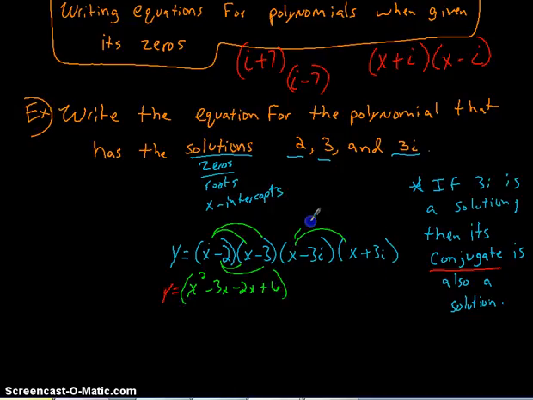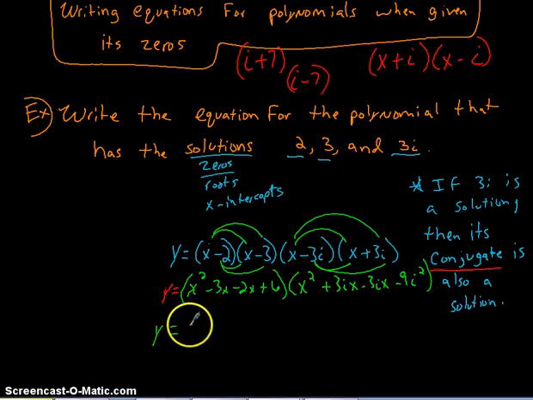Because it works like difference of two squares, x times x is x squared. x times this is positive 3ix. Negative 3i times x is negative 3ix. And the last part is negative 9i squared. The middle part cancels out, so you basically have the square of the first and the square of the last. So anyway, we combine like terms.